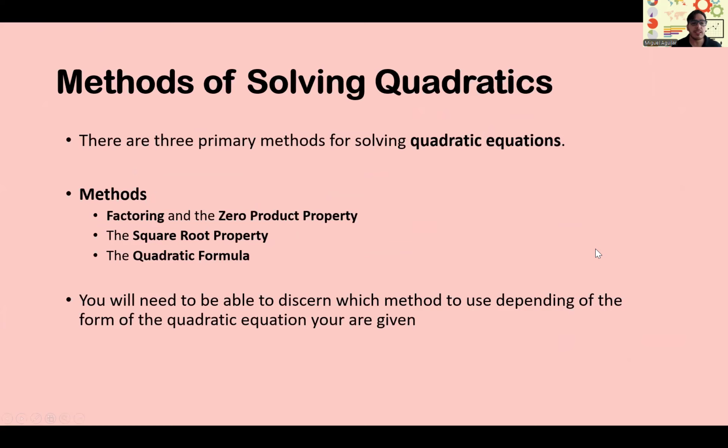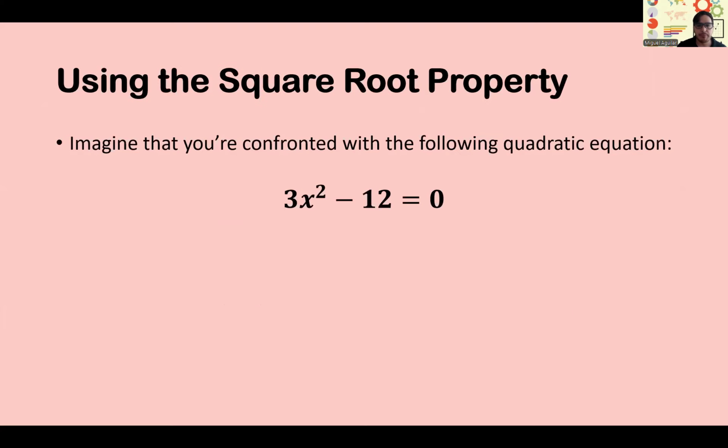Up to this point, we should have been practicing solving quadratic equations by factoring and using the zero product property. We briefly saw how we can use the square root property to solve some equations, but again, we're going to do a little bit of a review here just so that we can set our minds at ease, have a few more examples to think about, before we move into our last method for solving quadratics, which is the quadratic formula.